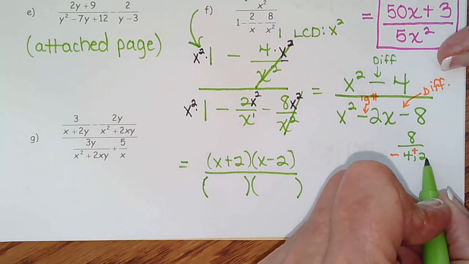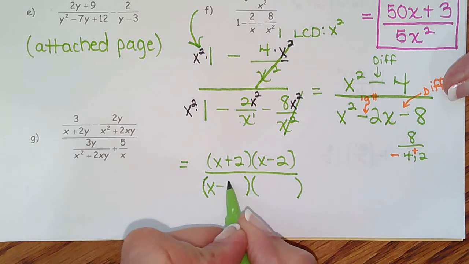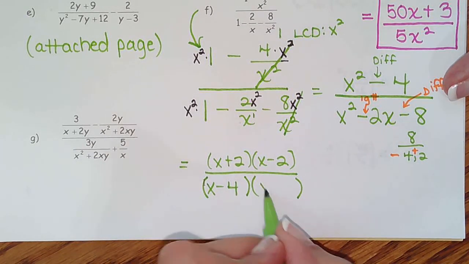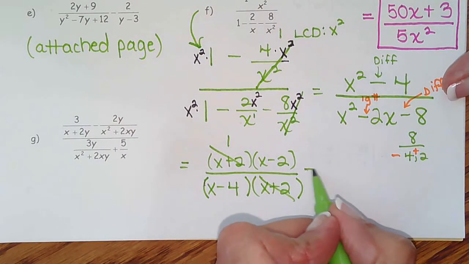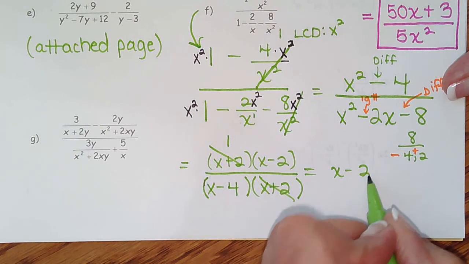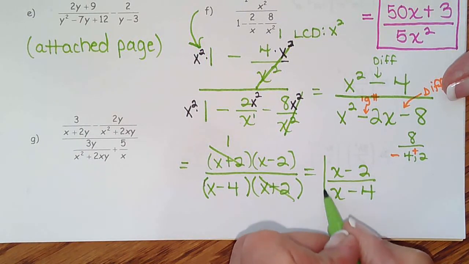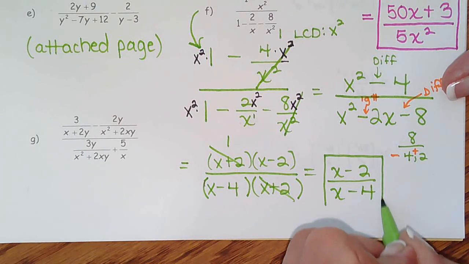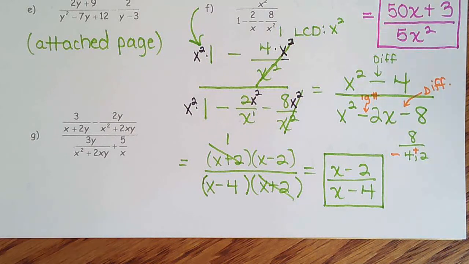So is negative 4 plus 2 negative 2? Yep. So we have x minus 4, x plus 2. Ding! So our answer is x minus 2 over x minus 4. And remember, no canceling there because this is addition and subtraction now. We'll pick up from there in the next video.